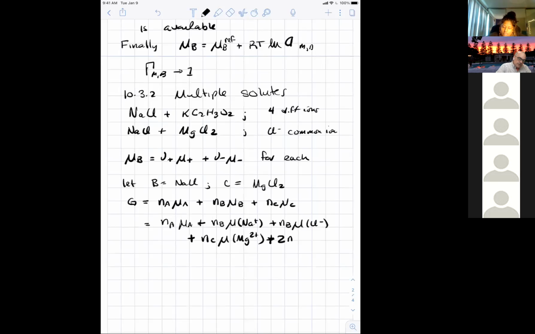And in this case, the only difference that we have is a factor of 2 because magnesium chloride has 2 chloride ions, right?